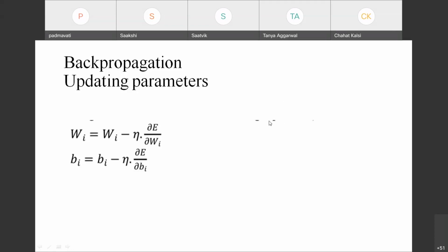So why will I be moving towards this, and why not towards the left side? Because I know that my loss decreases at this particular point. If I draw the parameter versus the loss, my loss curve goes something like this, correct? So with this particular parameter weight my loss is minimum.